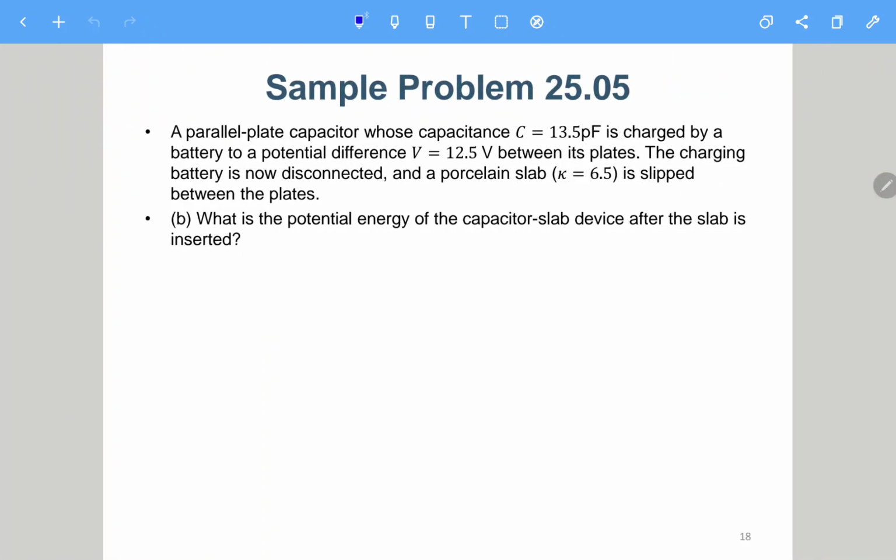And then for B, it asks what is the potential energy after the slab is inserted. So here, C prime becomes kappa times C, which is 6.5 times 13.5 times 10 to the minus 12. Okay, so this is the change.